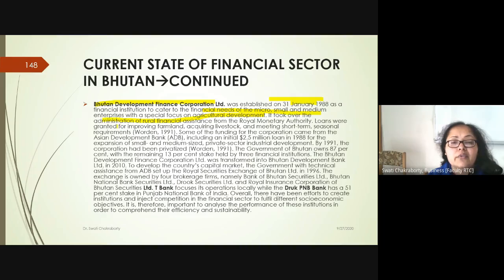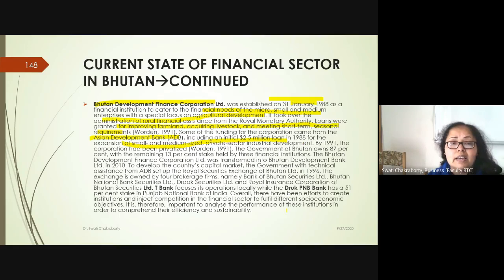Loans were granted for promoting the agricultural sector, for improving farmland, acquiring livestock, and meeting short-term, seasonal requirements. Some of the funding for the corporation came from ADB, for the expansion of small and medium-sized private sector industrial development.